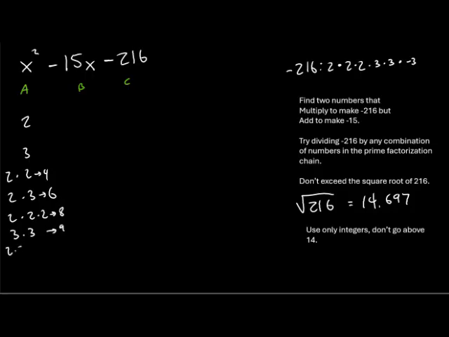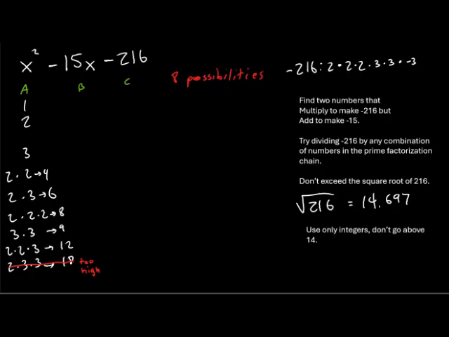We could use 2 times 2 times 3, that's 12. We could even try 2 times 3 times 3, but that gives us 18. That's too high, and we don't want to use it because that exceeds the 14 we came up with earlier. Now, as always, even though we didn't write it, 1 is always a possibility for any number. So we have a total of 8 possibilities to try.